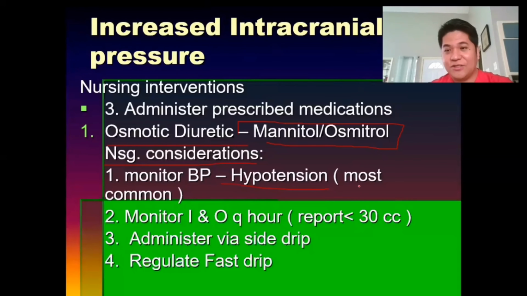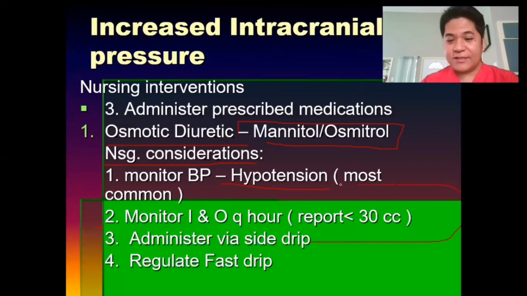Hypotension is most common because you are eliminating fluid and sodium, therefore decreasing the blood pressure. Second, monitor the I&O of the client every hour and report if urine output is less than 30 cc, because the client needs to eliminate the fluid. If there is a decrease, there is fluid retention, so you have to check on that.